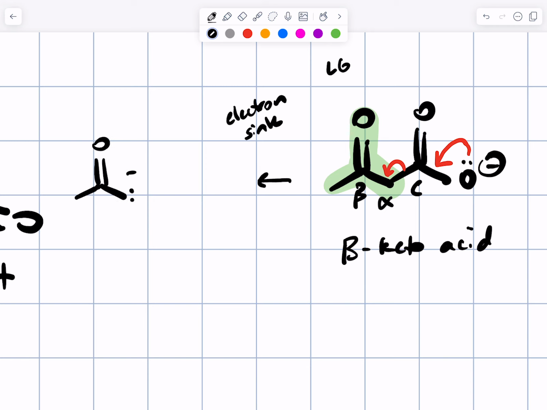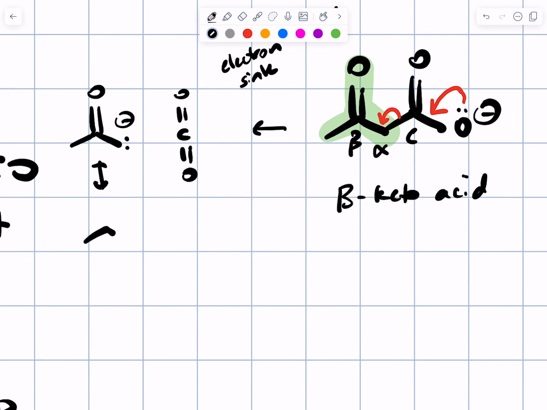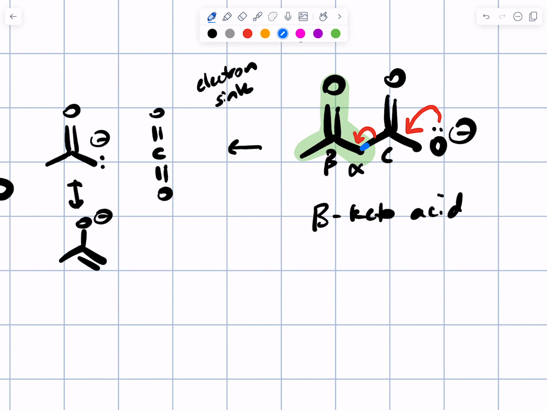So whether or not something can undergo decarboxylation is all about whether the thing that leaves is stable or not with the negative charge that's left behind, right? See, the electrons in this carbon, bond between carbonyl carbon and alpha carbon, end up left behind.